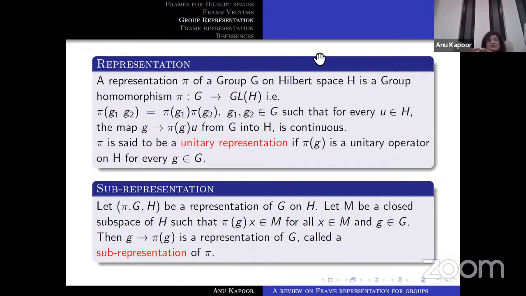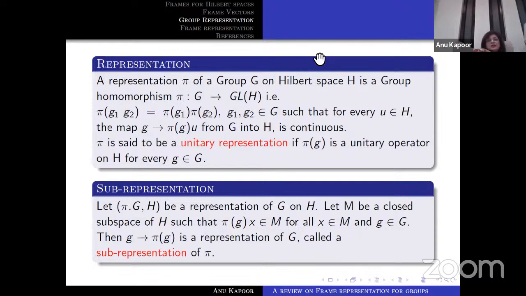Now, after this, what is a representation? We all know the group representation. Pi, a mapping from G to GL(H), is called a representation of G if it is a group homomorphism, that is, pi(g1 g2) is pi(g1) times pi(g2), where g1, g2 belong to G, such that for every u belonging to H, the map g going to pi(g)u is continuous.